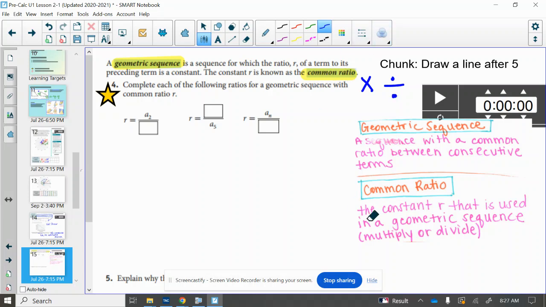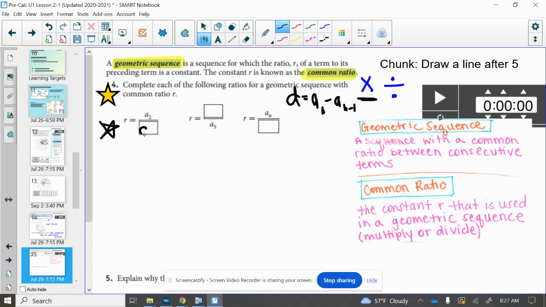Now, your common ratio is always going to be the multiplication aspect of this. To offset the dividing, we are multiplying by a fractional value. Less than 1 represents our division, okay? And similar to how our common difference was a sub 2 minus a sub 1, or a term minus its preceding term, that same idea applies for our common ratio.